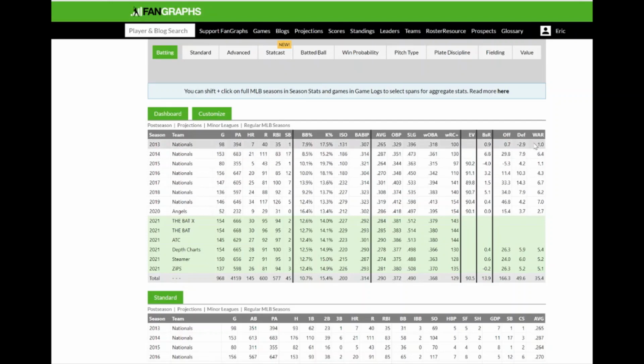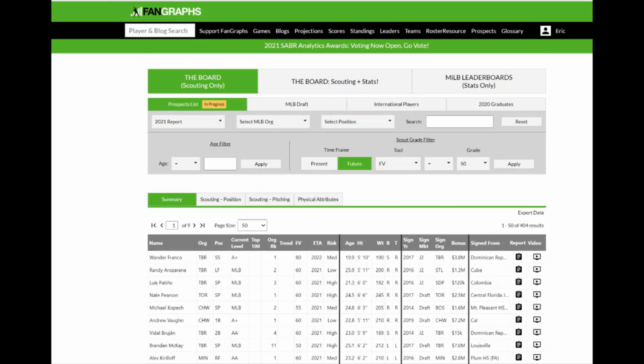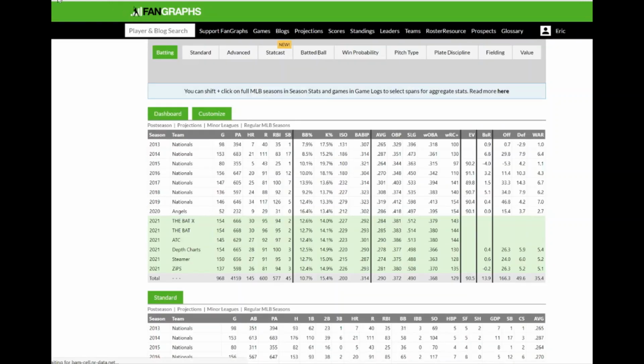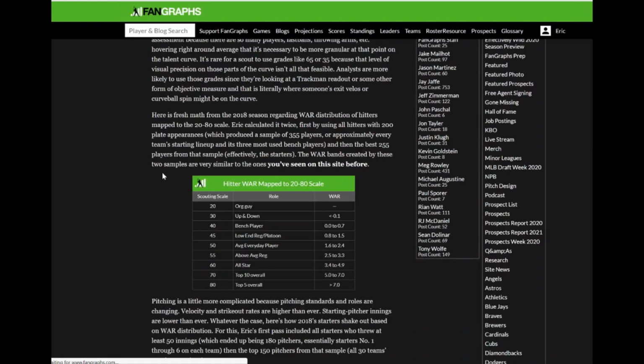And that's just shy of 5 WAR. It's 4.7-ish annual WAR. And he had this year where he missed half a season because of injury. And so that's, if I'm mapping that to the 20-80 scale, okay, and remember I showed you this. Here's 5 WAR.